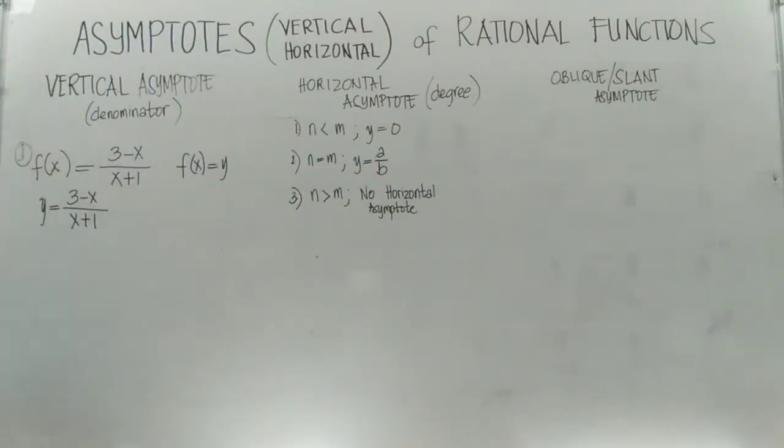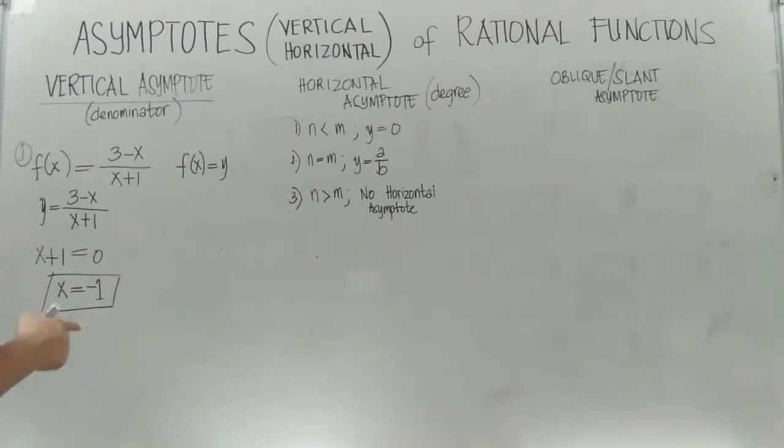For the vertical asymptote, we have to solve for the denominator. The denominator is x plus 1. Then equate it to 0 and solve for x. So we have x equal to negative 1. If you can recall from the other video, this is like solving for the domain.